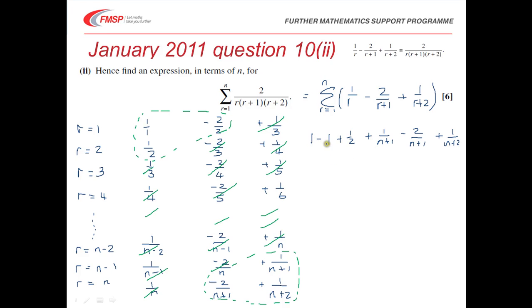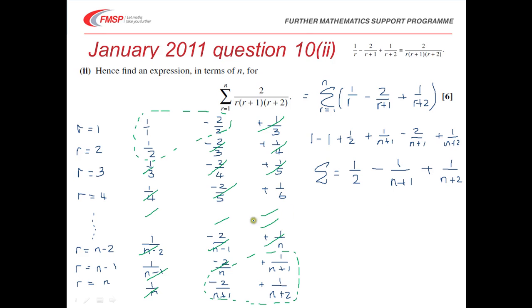The 1 and the minus 1 cancel out, and we're left with a half. 1 over n plus 1 minus 2 over n plus 1 is minus 1 over n plus 1. And then we have a plus 1 over n plus 2. And this now is going to be our sum.